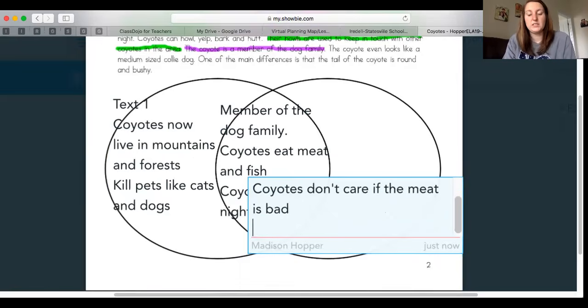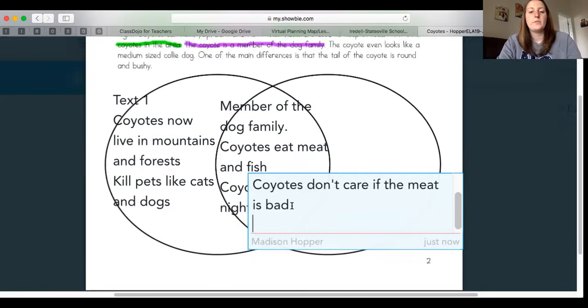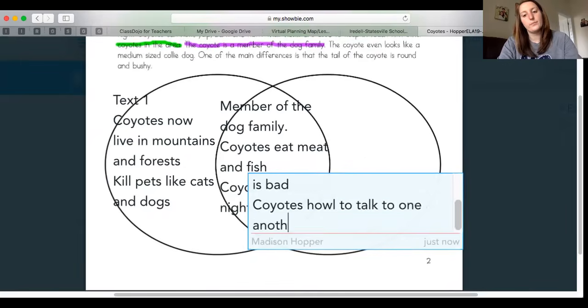Let's put that. They don't care if it's been sitting there for a few days. What else did we think of? Their howls are used to keeping in touch with other coyotes in the area. So I can write in my own words, coyotes howl to talk to one another.